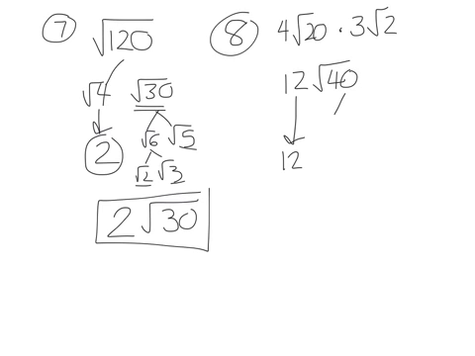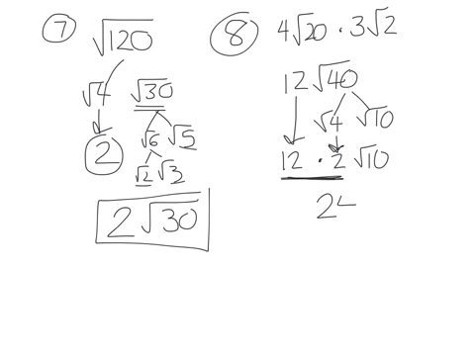Radical 40 I'm going to break to radical 4 times radical 10. Radical 4 is just plain 2. 10 breaks down to 2 times 5, which can't be broken down anymore, so I leave it radical 10. And I have to multiply 12 times 2, which would give me 24, and 24 radical 10 is my answer.